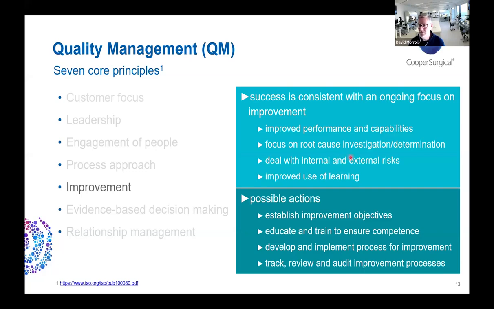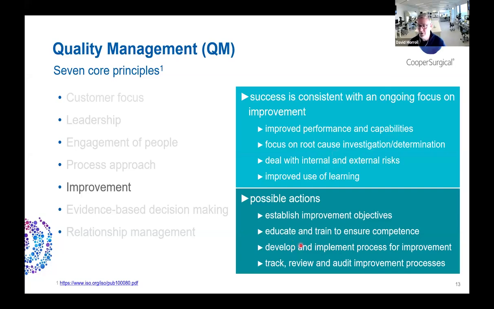We also need to deal with those risks that we've just talked about, and they can be internal or external. And there should be a focus on root cause investigations. So in other words, as well as looking for prospective improvements in the lab, we also need to use root cause investigation as a way of looking at the causes of suboptimal performance.